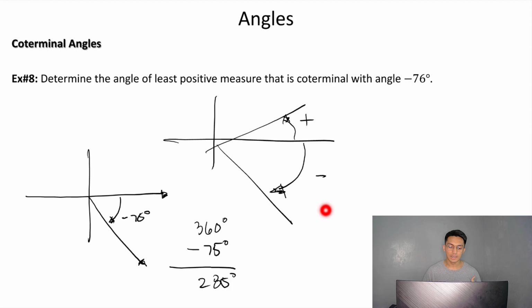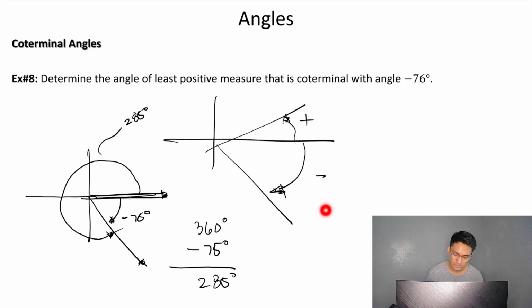Ibig sabihin, the angle of at least positive measure daw from here, positive, aabot siya hanggang dun. Ito yung ating angle 285 degrees. Therefore, that angle 285 degrees and the angle negative 75 degrees are coterminal kasi they have the same initial side and terminal side.